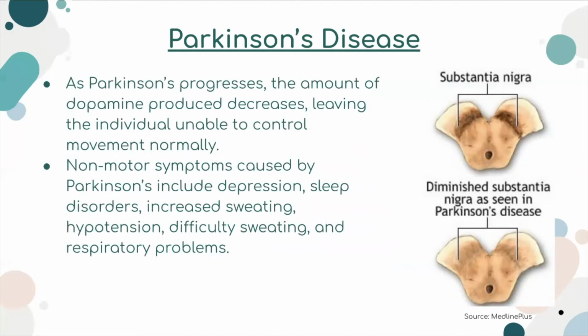In a patient with Parkinson's disease, the net amount of dopamine produced in the brain is decreased. Dopamine is an important neurotransmitter for movement control, so this decrease leads to the patient being unable to move normally. Non-motor symptoms include depression, sleep disorders, respiratory issues, and more.